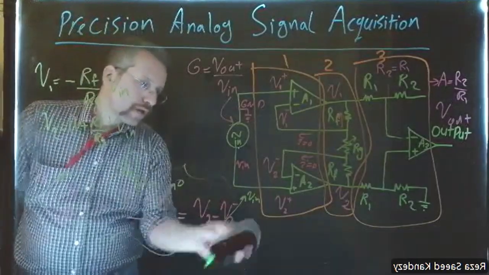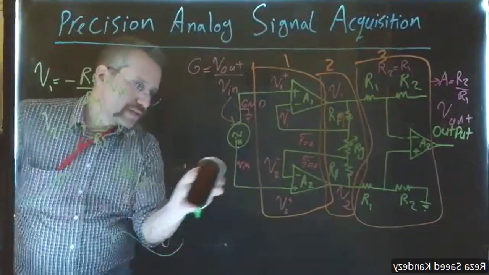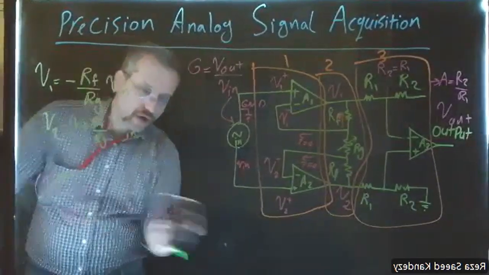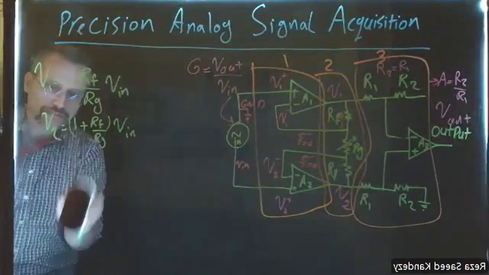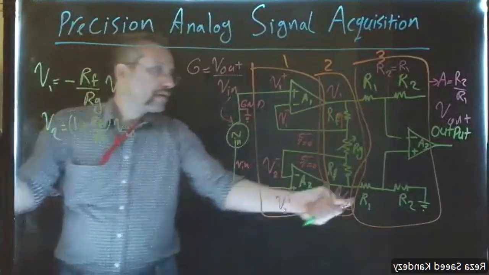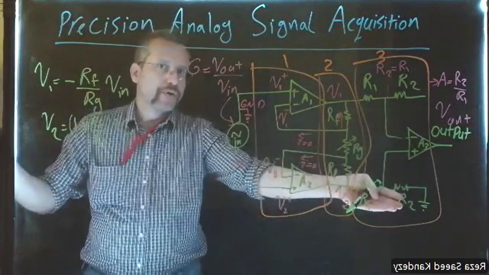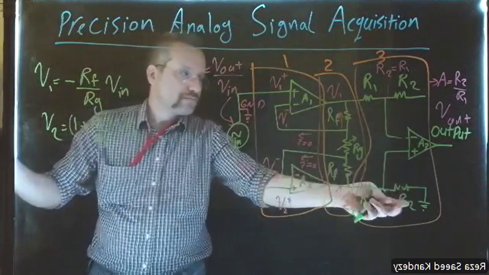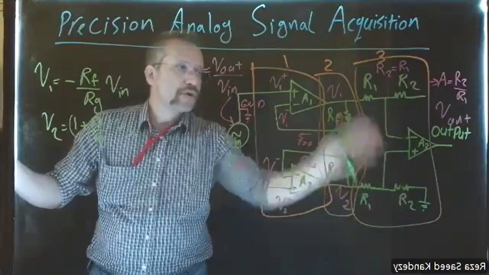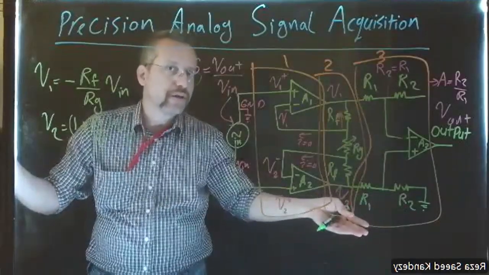Now, let's move to the next stage of our 3-op-amp amplifier. We have a unity gain here. That means R1 and R2 would not affect basically the signal.